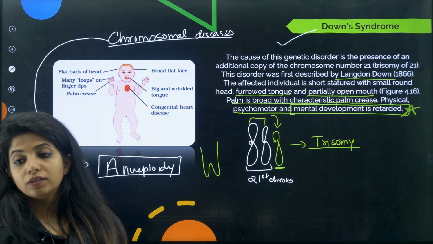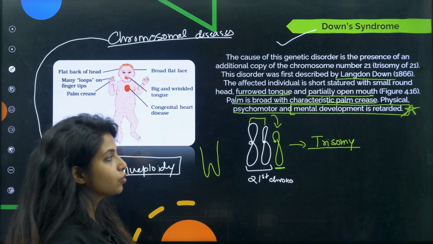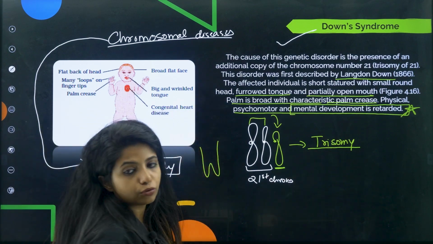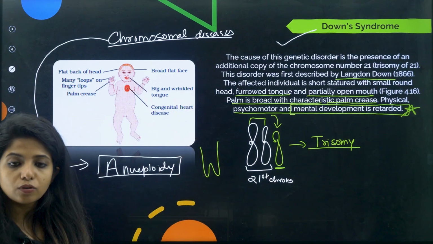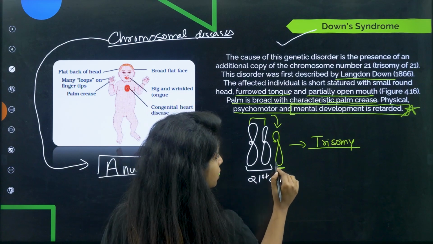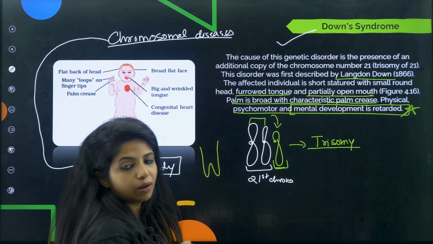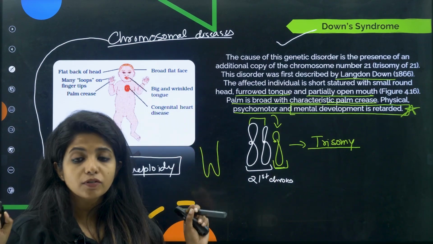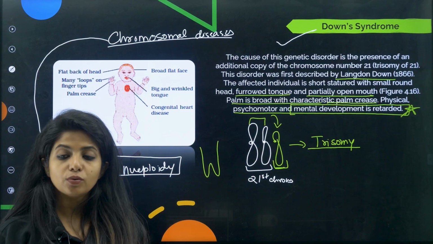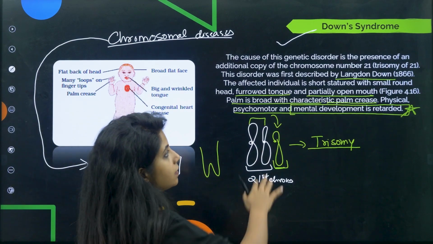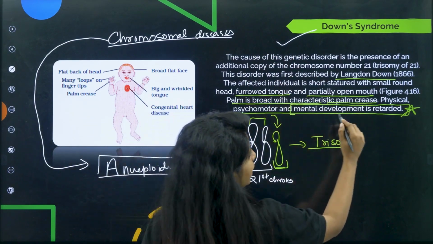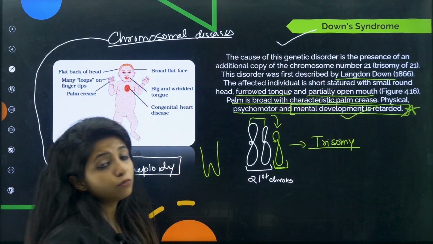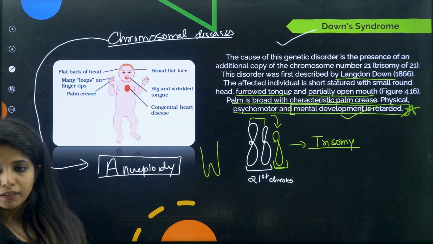Here we are talking about a chromosomal disease caused by trisomy of the 21st chromosome. Among the 23 chromosomes you have, one extra chromosome gets added, probably because something happened during cell division. This is known as trisomy of 21, and mental retardation is one of the most important points here.